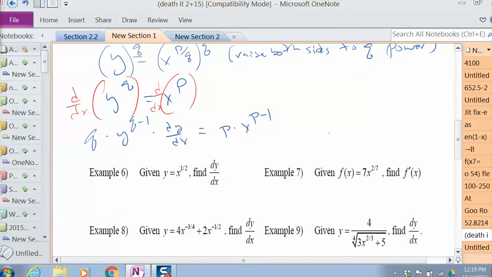Okay, if I get dy over dx by itself, I'm going to have p times x to the p minus 1 power over q times y to the q minus 1 power. Okay, we're going to need a little more space here, so let me kind of lasso this.